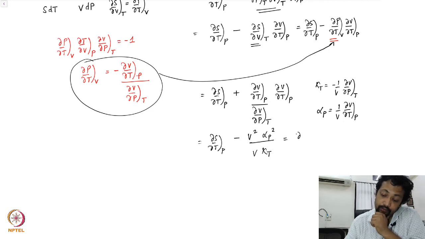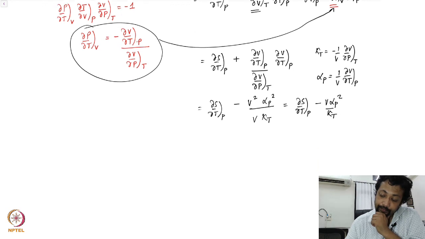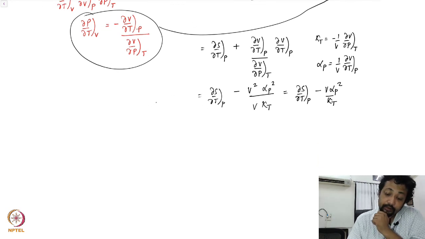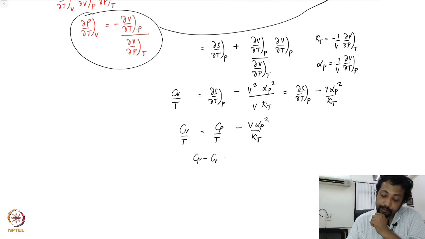Which is equal to del S del T, pressure constant, minus V alpha P square over kappa T. The left hand side was Cv by T. If you look at the structure of this, the first term is actually Cp by T. So Cv by T is Cp by T minus V alpha P square over kappa T. It follows therefore Cp minus Cv is T V alpha P square over kappa T.